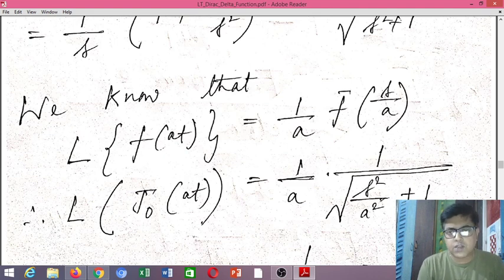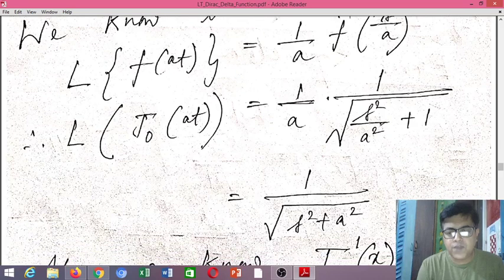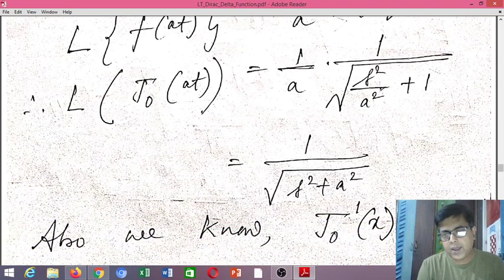So in place of s, I'm just replacing s by s by a. I'm multiplying 1 by a outside, and on simplification it becomes 1 by square root of s square plus a square. So remember the result, L of J0(at) is 1 by square root of s square plus a square. Let's say L of J0(3t) will be 1 by square root of s square plus 9, right?